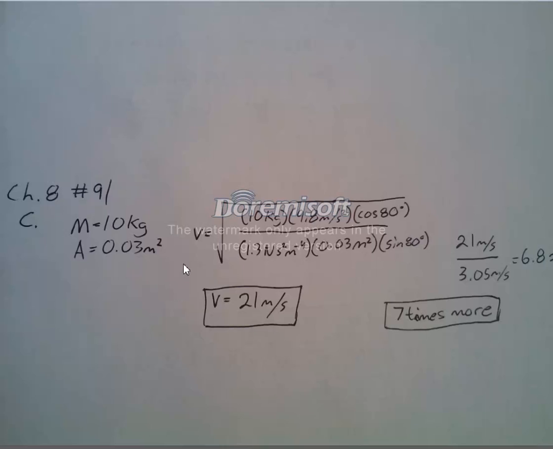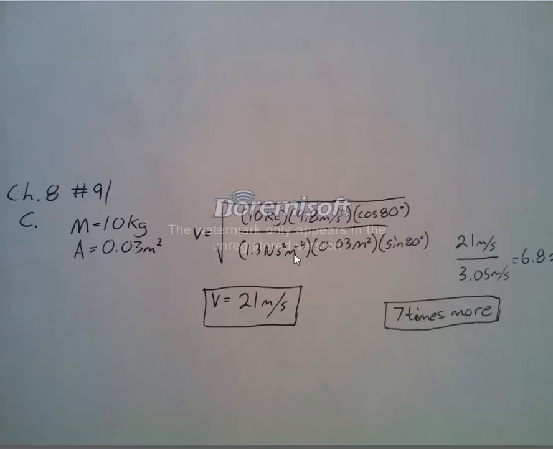It also says it's at the same 80-degree angle as before in Part B. So yeah, we plug in all our values, and we'll get the velocity equals 21 meters per second. And like I said, we could check the units, make sure all the units are correct.